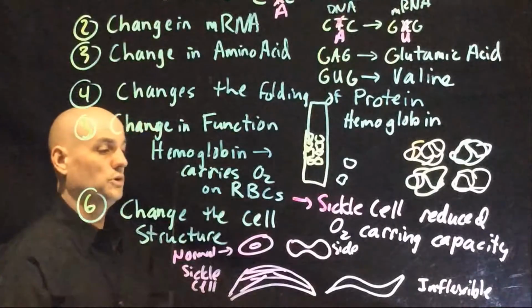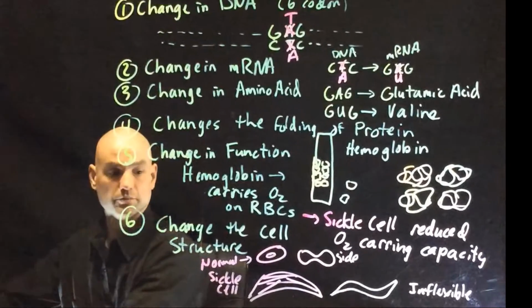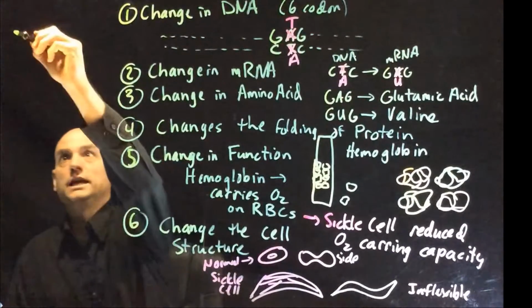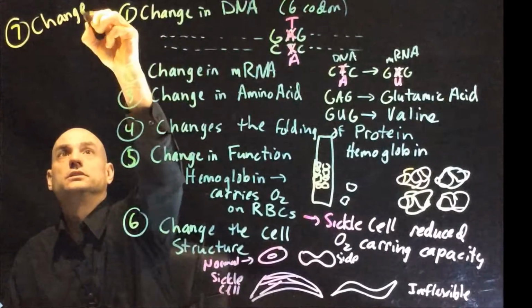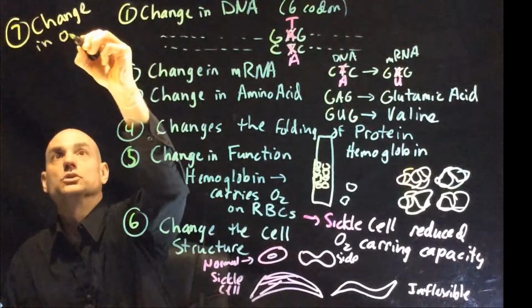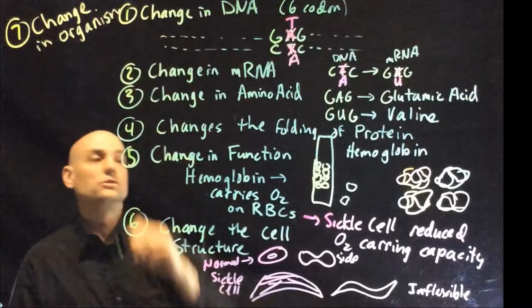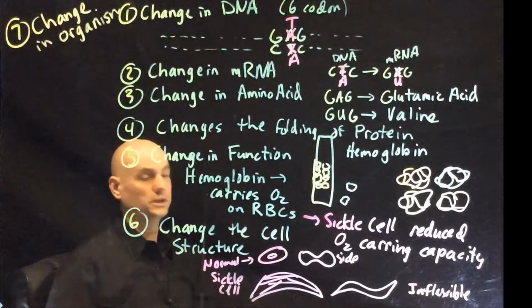Okay, and so let's go back. And number 7, the last one, we could have a change in the organism. Well, what happens if you have sickle cell anemia?